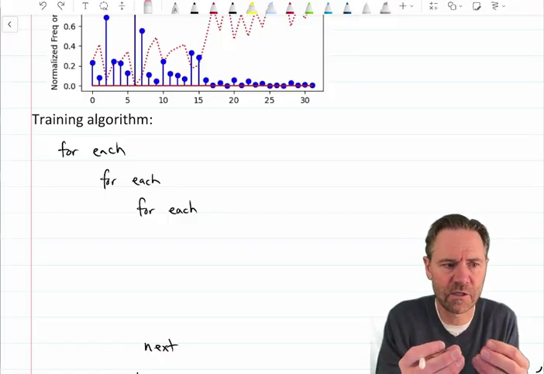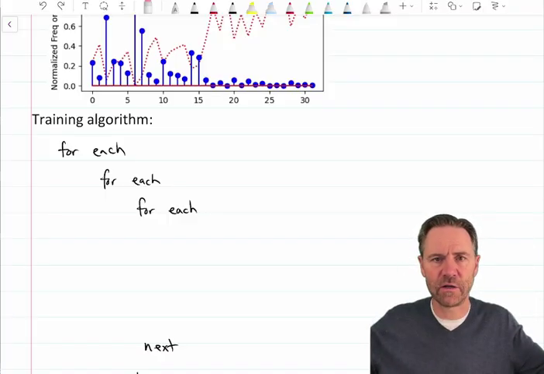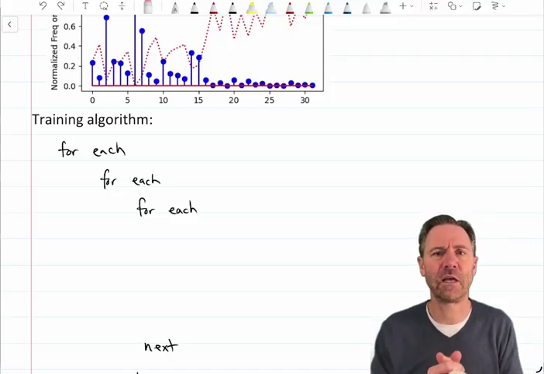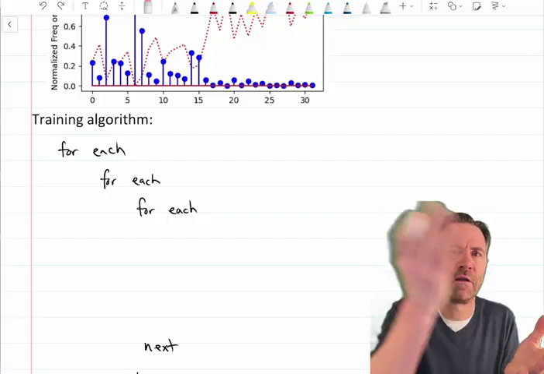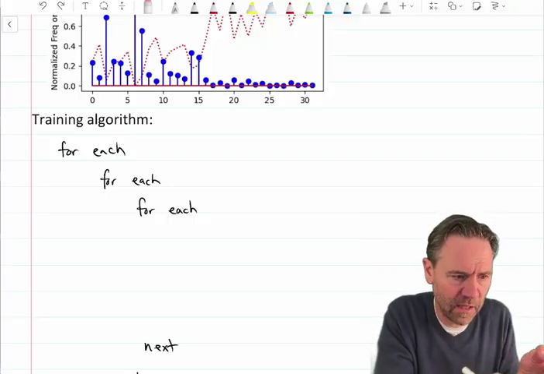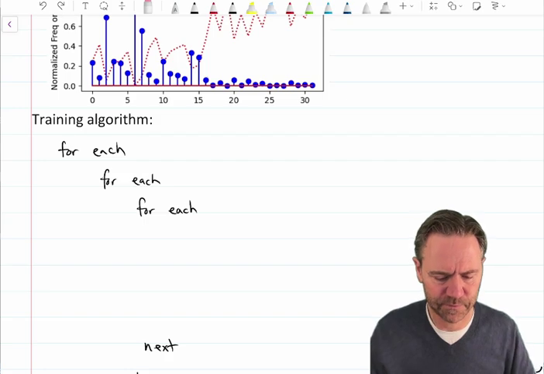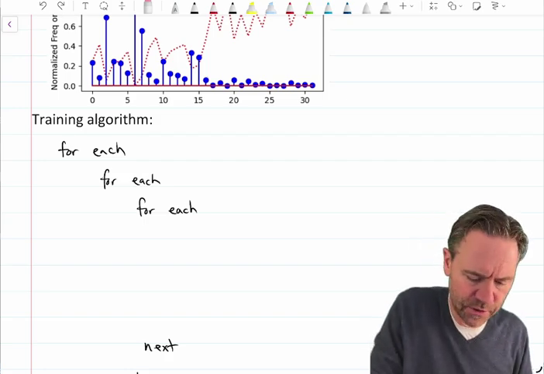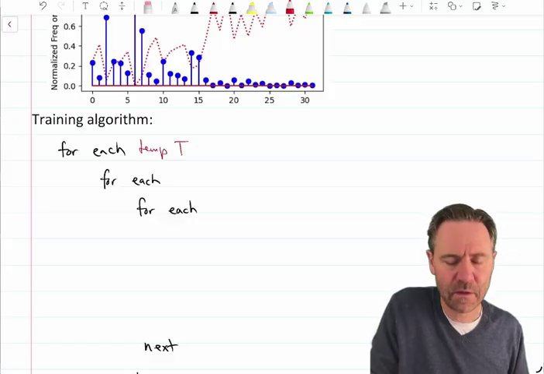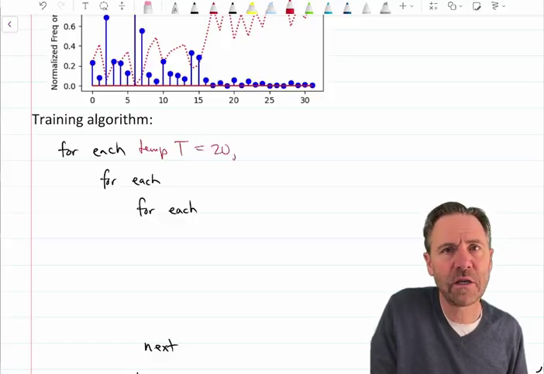Instead of bouncing around trying to find a global canyon in the energy landscape, once it's in that canyon, it can turn the temperature down and find the lowest points in that canyon. So for each temperature, T equals, I could do 20, 10, this is just an example, 5, 2, 1.